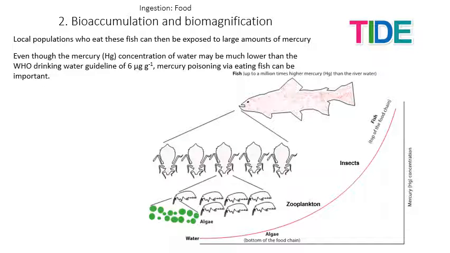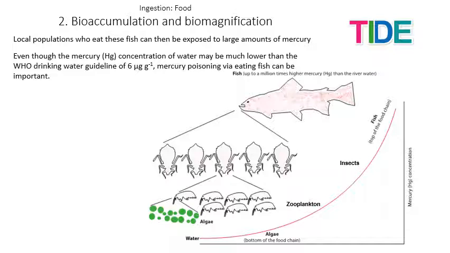People who eat this fish can then be exposed to huge amounts of mercury. And because of this, the consumption of fish and shellfish is a really important exposure route for mercury to people, as well as many other toxic heavy metals that can biomagnify in this way, for example, cadmium.